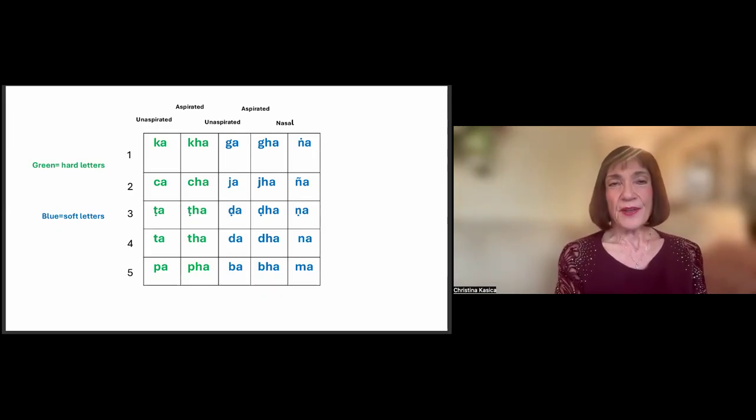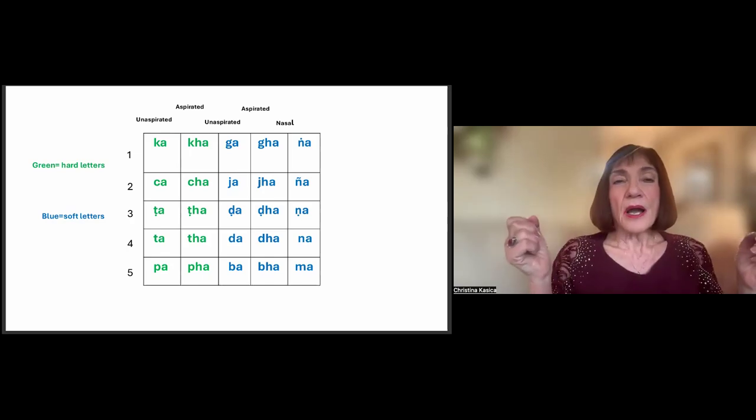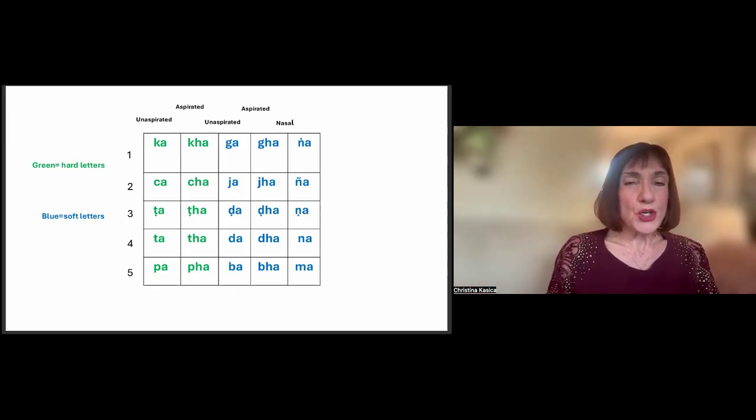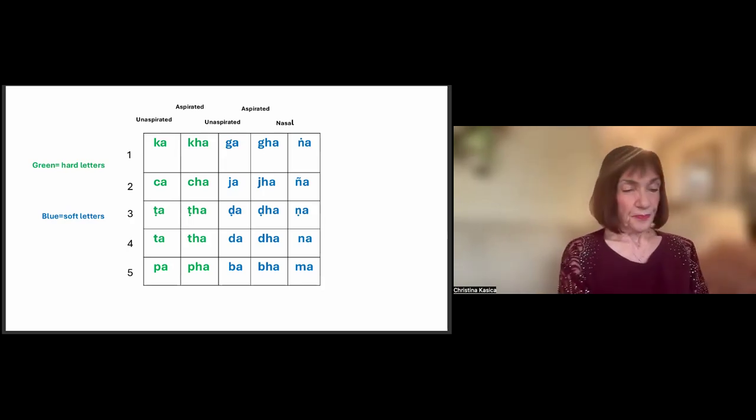Open your mics and say with me: ka, kha, ga, gha, nga. cha, chha, ja, jha, nya. ta, tha, da, dha, na. ta, tha, da, dha, na. pa, pha, ba, bha, ma. Very good. All right, next slide.